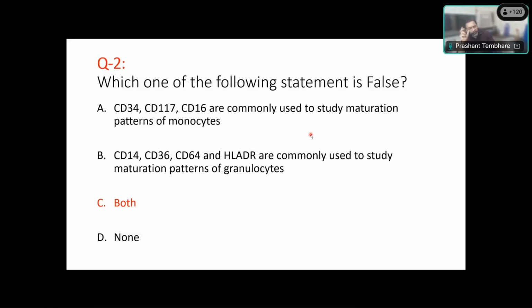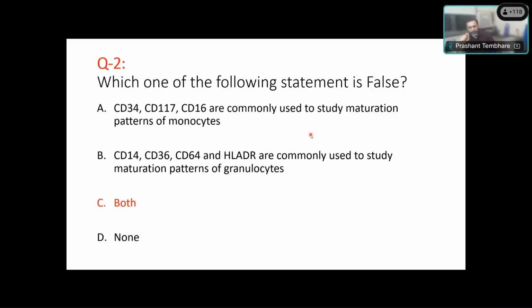Those proteins correlate with genotype. But not all maturation patterns will correlate with a typical genotype. They may show alteration, but that is not specific to a typical genotype.